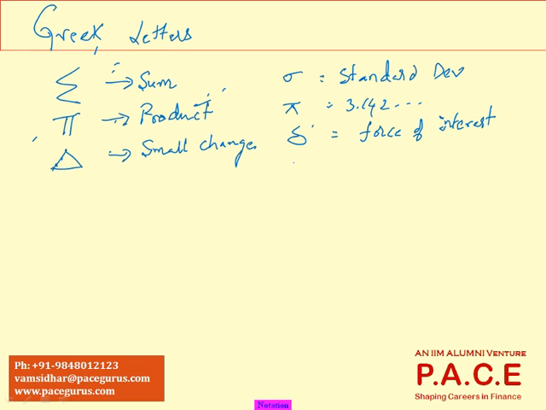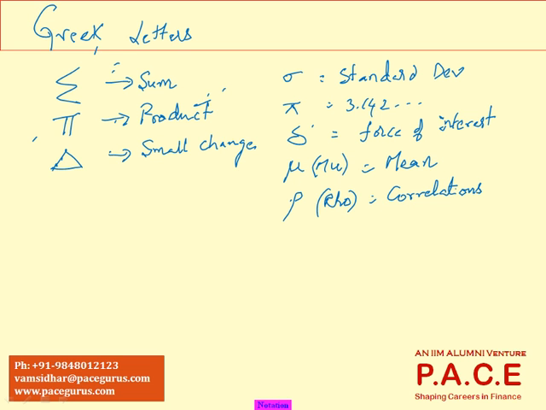And okay, a few more constants. This is called mu, which is generally used to denote the mean or the average of data, again from a statistics standpoint. Then this is called rho. This is used to denote correlation between two data sets.